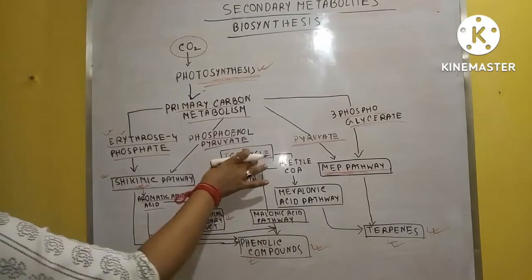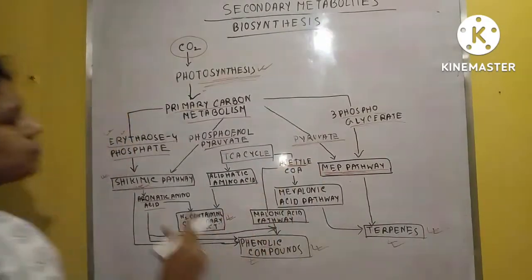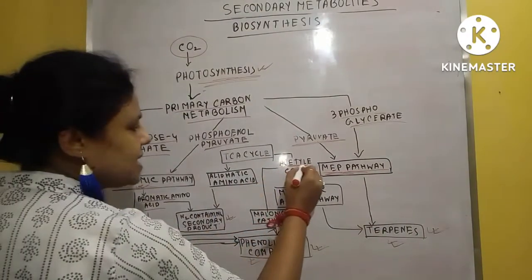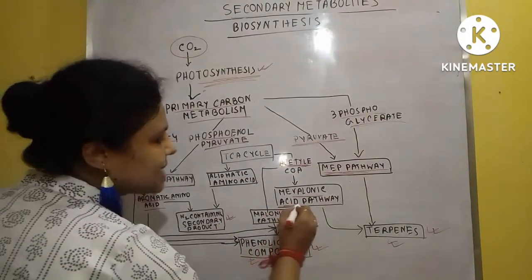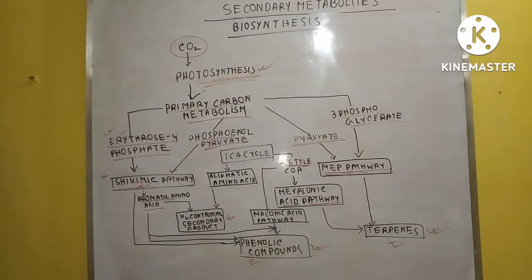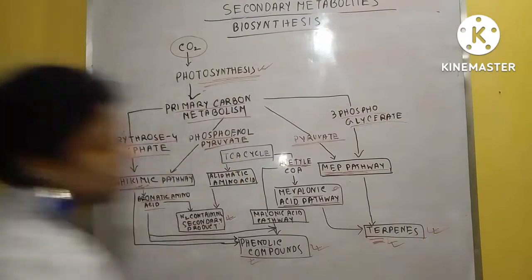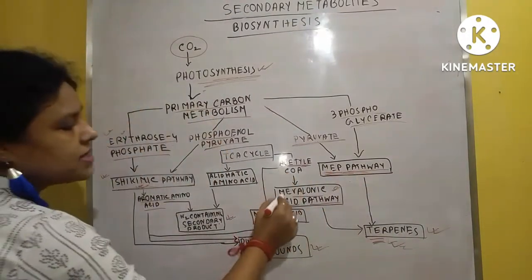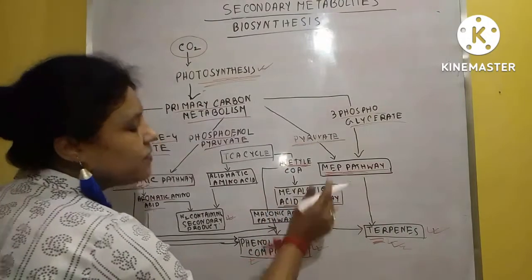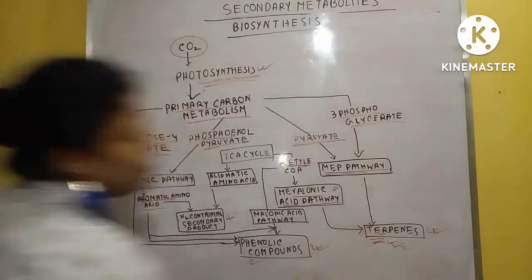And in the TCA cycle, the acetyl CoA from the TCA cycle enters into the mevalonic acid pathway. From this mevalonic acid pathway, terpenes are also formed. Obviously, in the MEP pathway terpenes are formed, and in the mevalonic acid pathway, terpenes are formed as well.